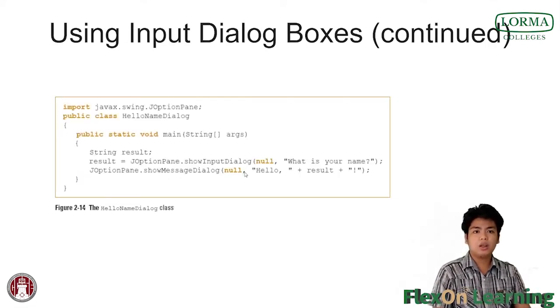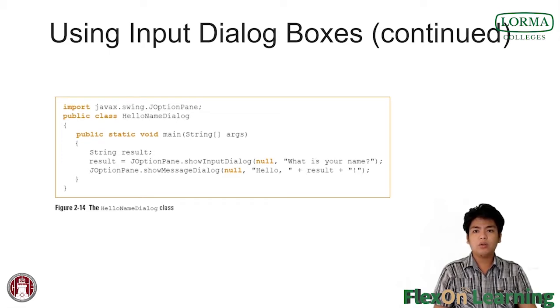So this is an example of our program. If you're going to use your input dialog box, you need to import your JOptionPane class. Then, as you can see, we have the class name HelloNameDialog, then the main method. Inside our main method, there's a declaration of String result.